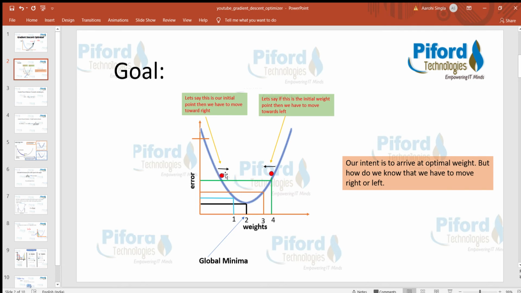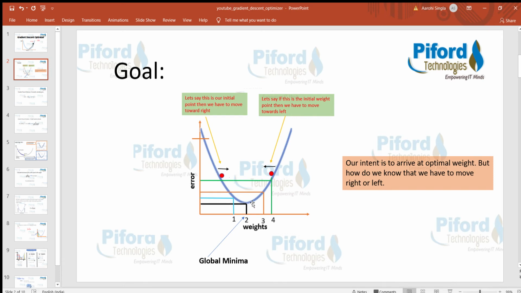And if our initial weight value is somewhere over here, and the global minima is here, then in this scenario we have to move towards the right, and only then will we reach this particular point. So our main intent is to reach this optimal point, the global minimum.